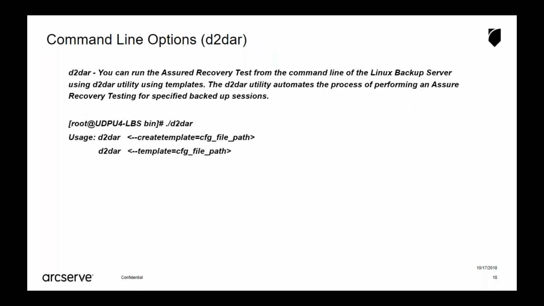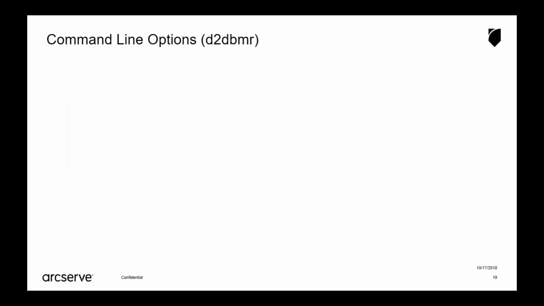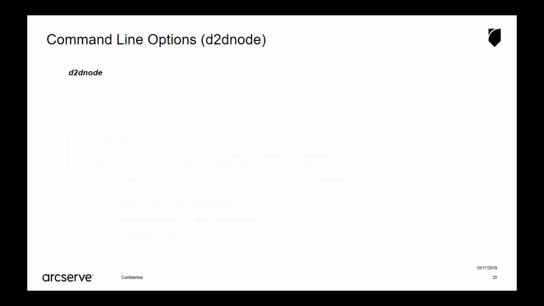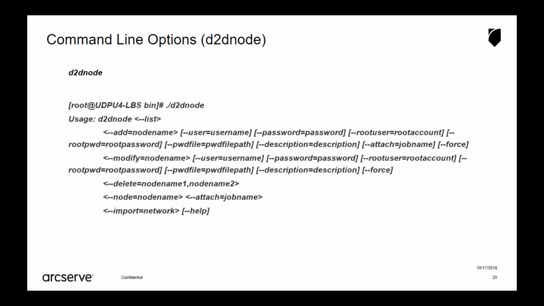We can create a template for the assured recovery tests, and give various parameters that would be required for the assured recovery, or the IVM, or the BMR. You can then execute the D2D create template, which will create a template, and then we can also perform the IVM and BMR. These are a few command line options that we'd already discussed.